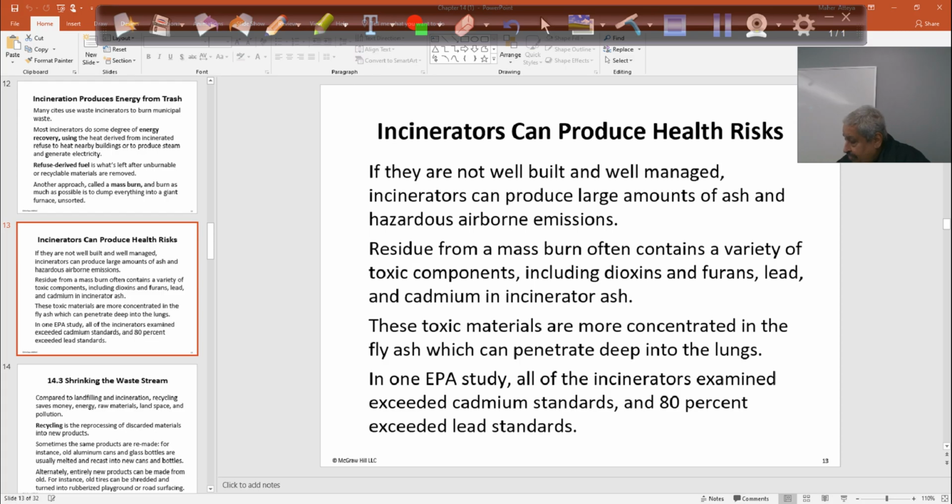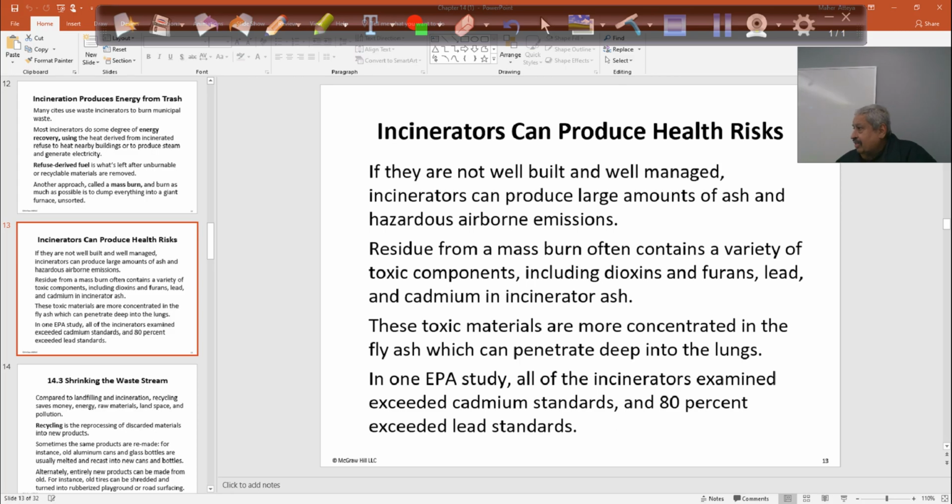Anytime you have organic compounds in solid waste and you combust them, you get CO2 and H2O, and if combustion is not complete, you get soot. These toxic materials are more concentrated in the fly ash, which can penetrate deep into the lungs. Did I speak about the lungs from the beginning? Yes.